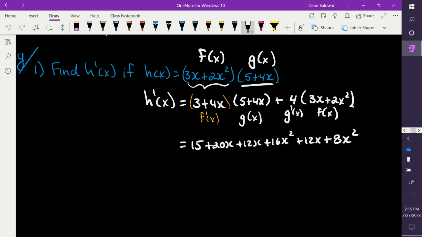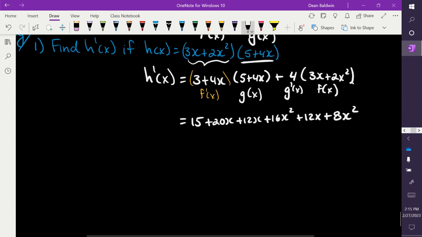We're making it look nice now. Whatever. And then just clean it up. 32. What's 32 and 12? 46? 44. I'm really good at math. And 24, right?